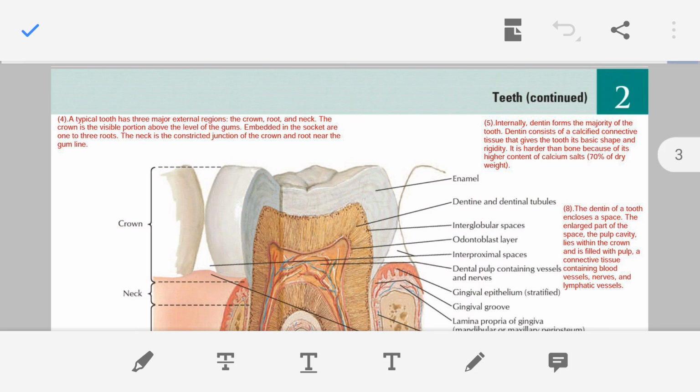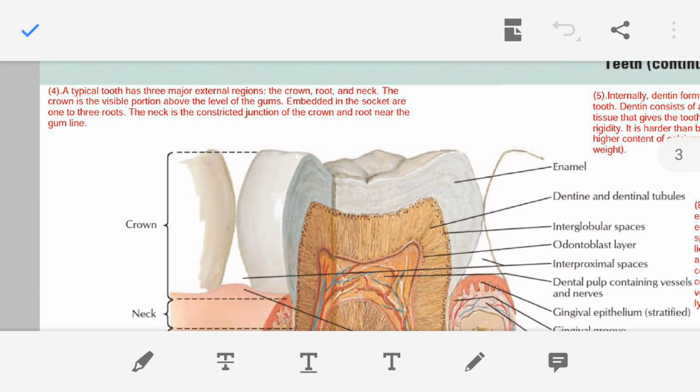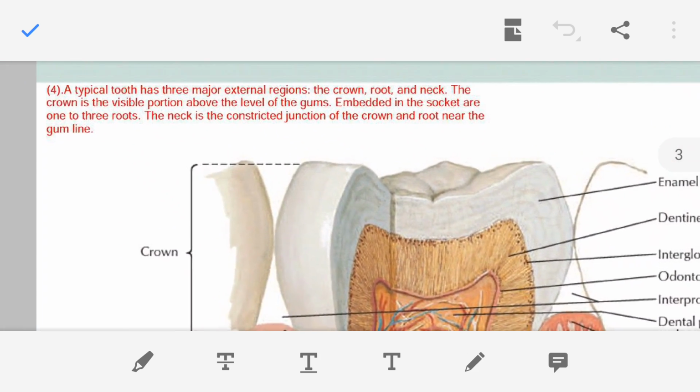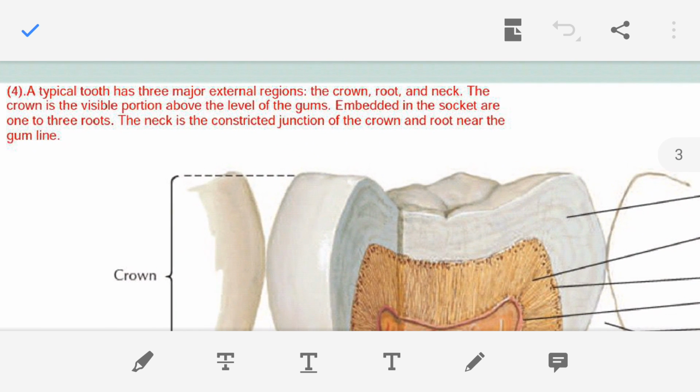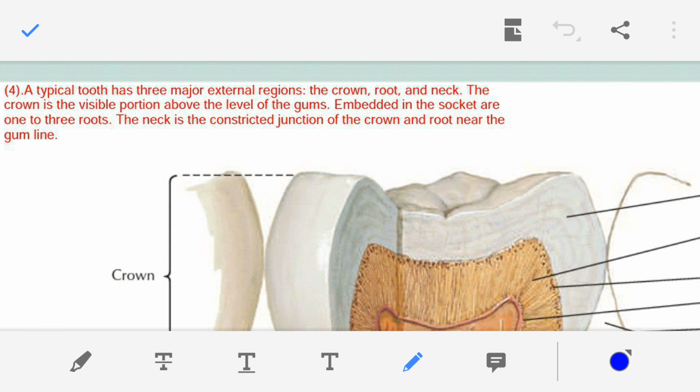Now moving on to the fourth point of our discussion, the parts or regions of a typical tooth. A typical tooth has three major external regions: one is the crown, second is the root, and third is the neck.